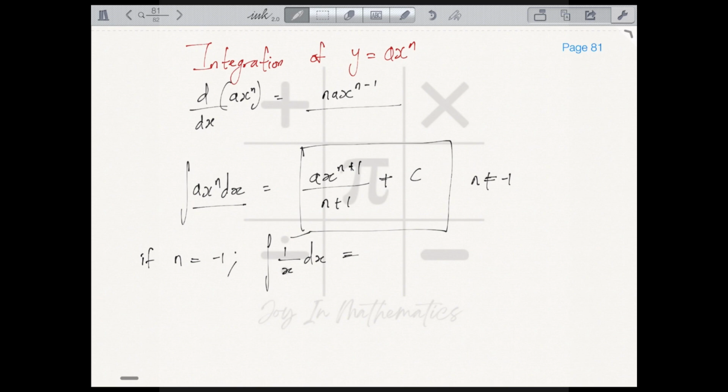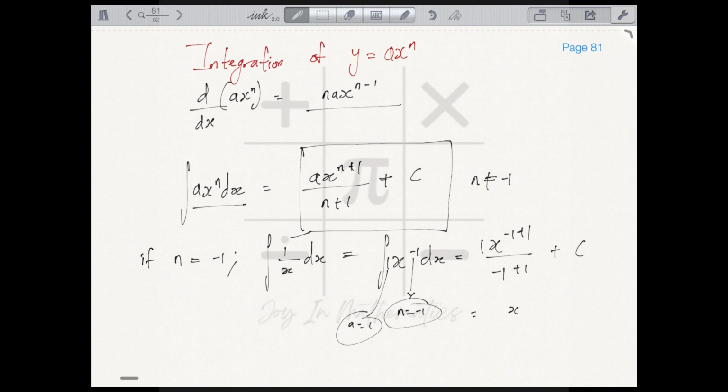Okay, now let's do this. Integral of x raised to power minus 1 dx. And we know that in this case, our n is equals to minus 1 and our a is equals to 1. Therefore, we have 1 x raised to power minus 1 plus 1 divided by minus 1 plus 1, plus c. Now this will give us x raised to power minus 1 plus 1, which is 0, plus c.